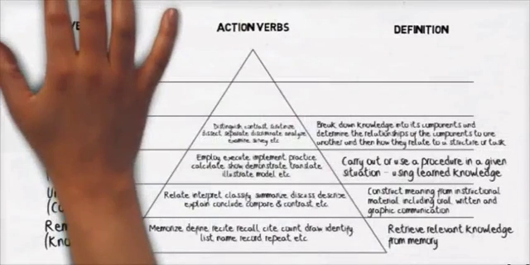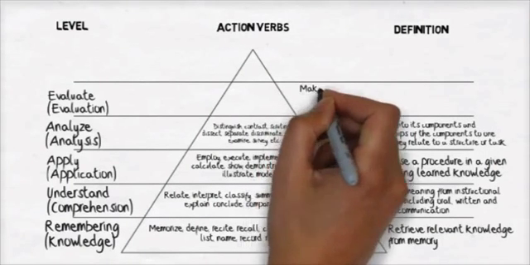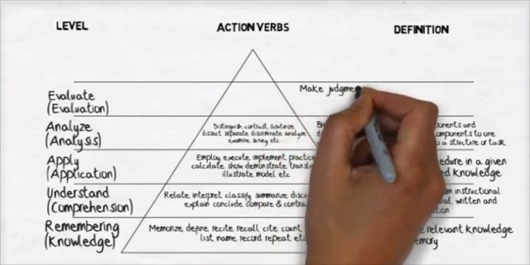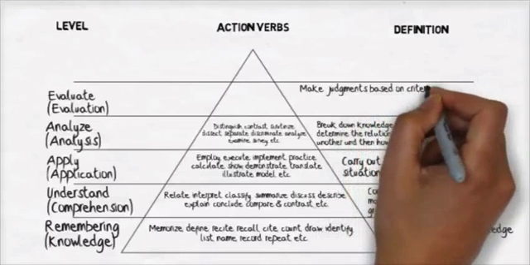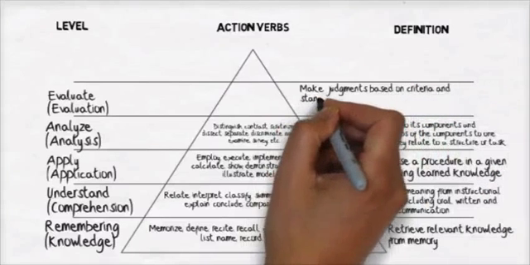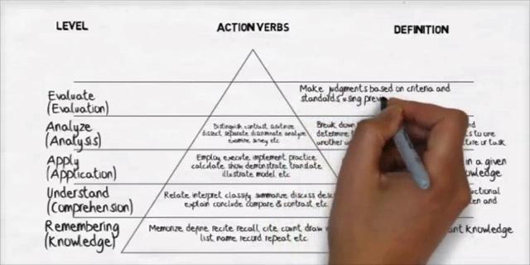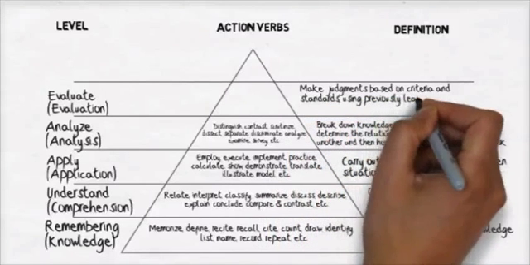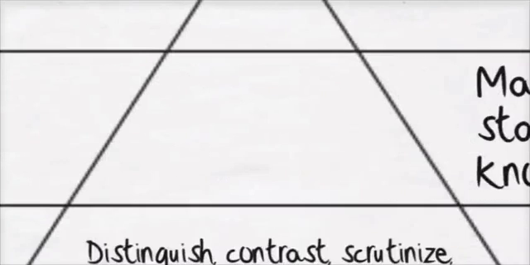The fifth level of Bloom's taxonomy has to do with evaluation or evaluate. Now, here we're asking learners to make judgments, and those judgments are based on certain criteria or standards that we give them. But again, the focus is on using that previously learned knowledge that they've acquired from the preceding four steps.